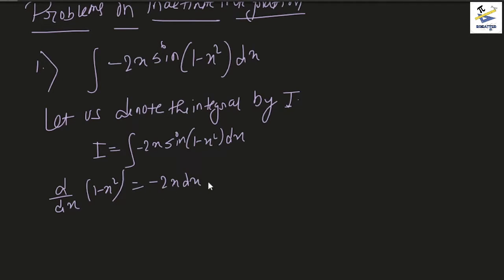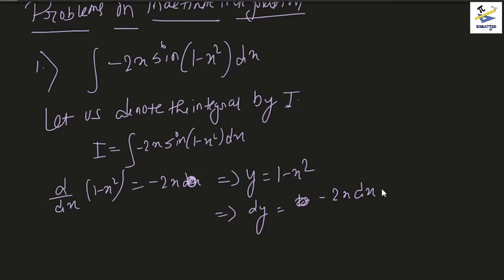You can work out the derivative yourself because the term for 1 will be 0 and the term for minus x square would be minus 2x, right? Now we can set y equals 1 minus x square, and then we can write dy equals minus 2x dx, right?